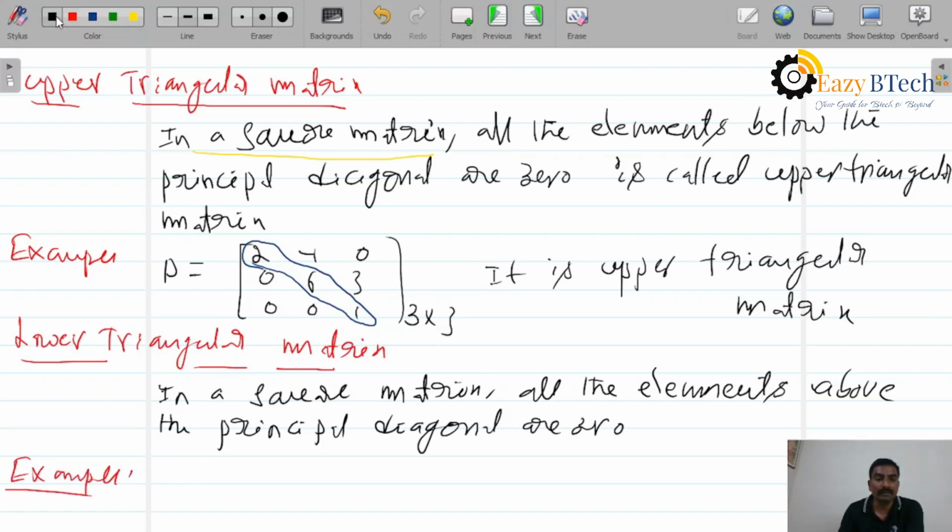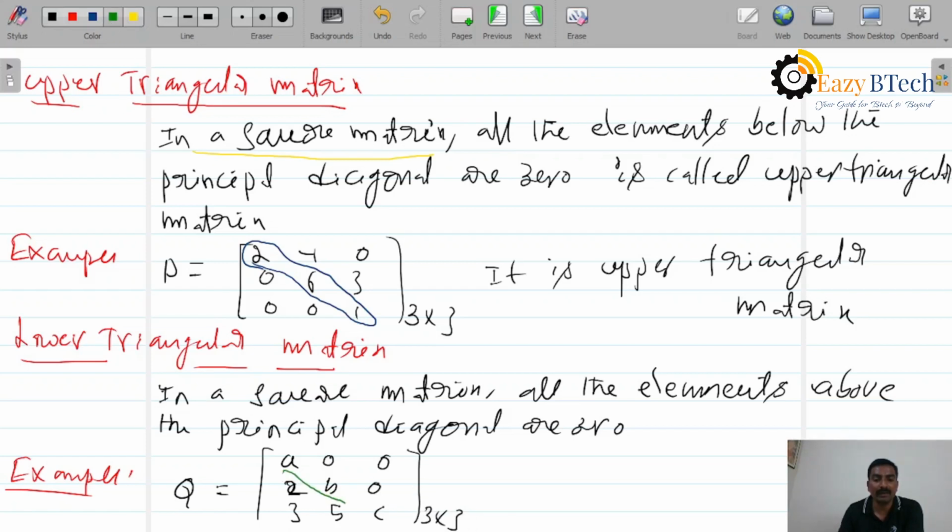See the example here. Suppose the matrix Q equals a 0 0, b 0 c, some 2 and 3, 5 c. First of all it is a square matrix. This is a 3 by 3 matrix, therefore it is a square matrix. See the principal diagonal here.